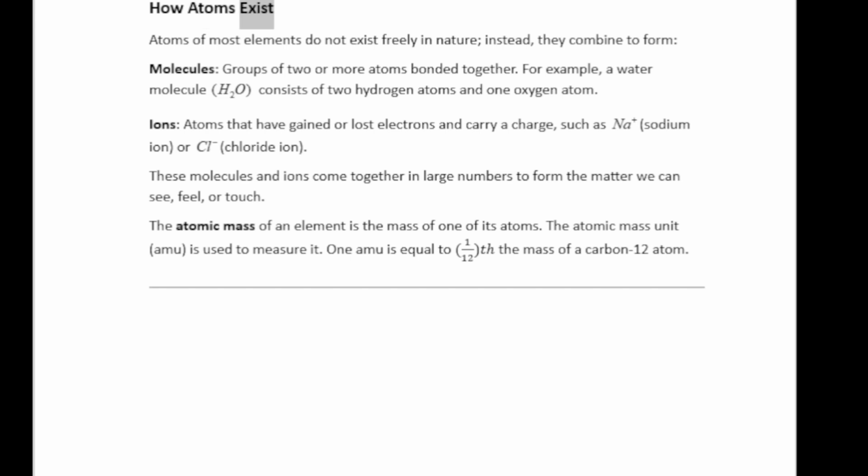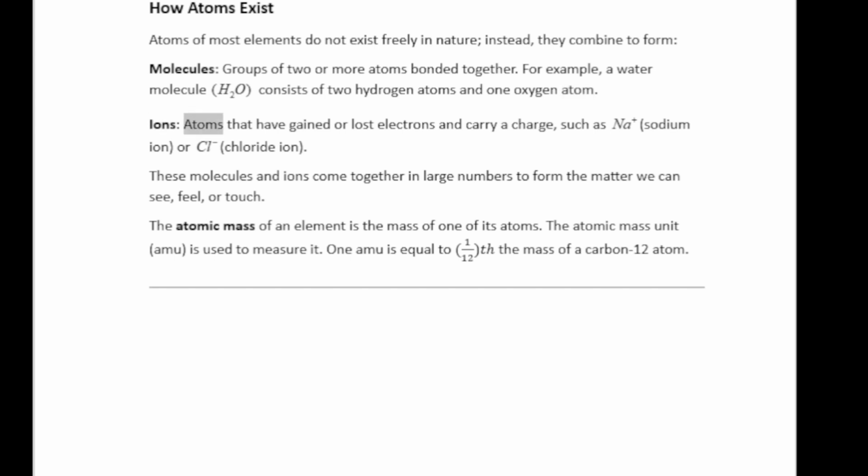How atoms exist. Atoms of most elements do not exist freely in nature. Instead, they combine to form molecules, groups of two or more atoms bonded together. For example, a water molecule consists of 2 hydrogen atoms and 1 oxygen atom.